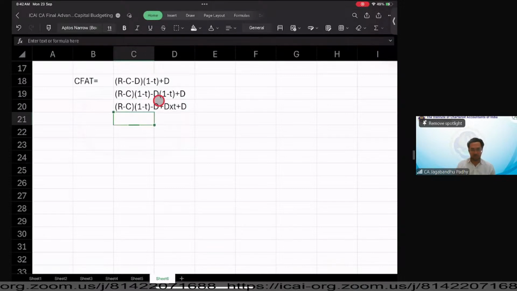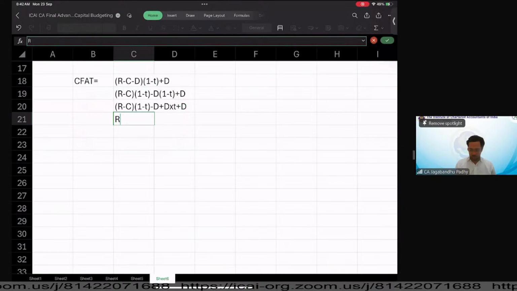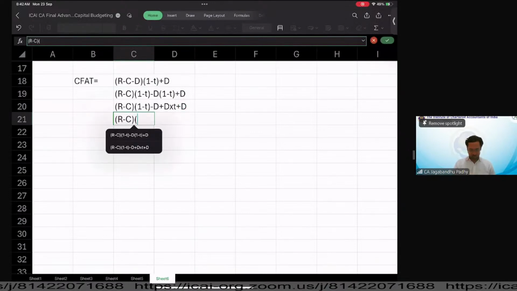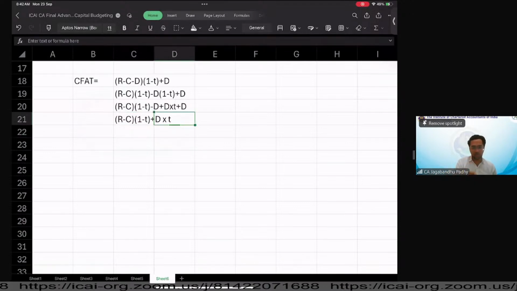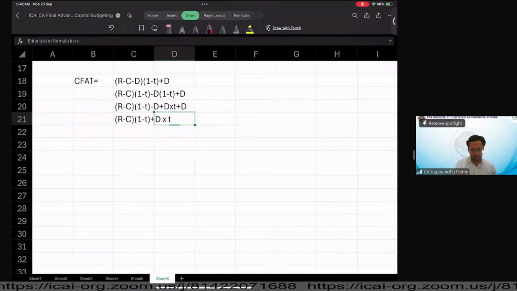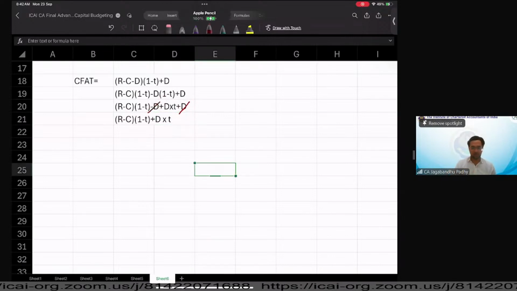You can find this minus depreciation and plus depreciation will get cancelled. And what we are essentially left with is revenue minus cost multiplied by 1 minus t and plus depreciation into the tax rate. Right. So over here, this minus d and plus d gets cancelled, and we are left with only this component.